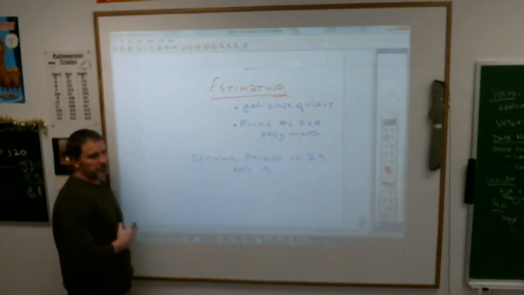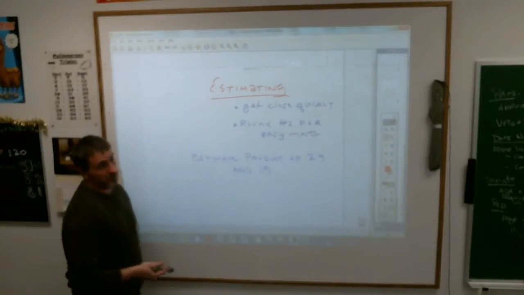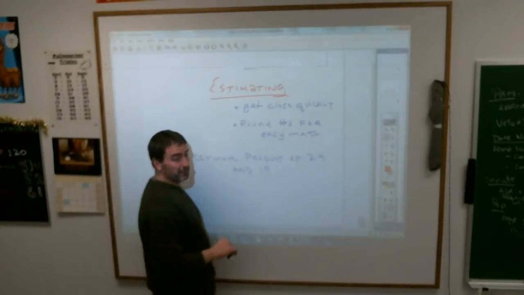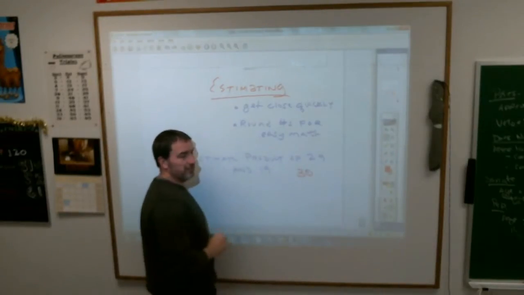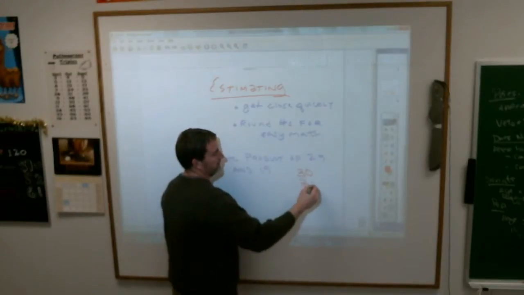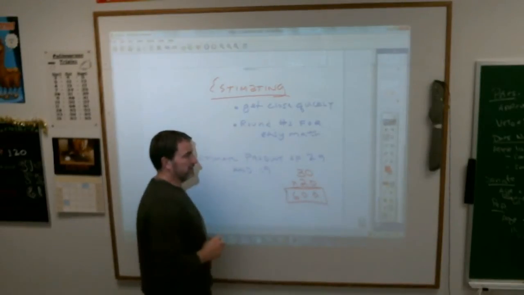What do you suppose you would change 19 to? Now that doesn't mean you're necessarily going to be able to do it completely in your head, but you will be able to do it quickly on paper at least. Lance says, yeah, you want to make 29 into 30 and 19 into 20. And 30 times 20 hopefully is not something that's too terribly hard for you to do. You're going to get 600.